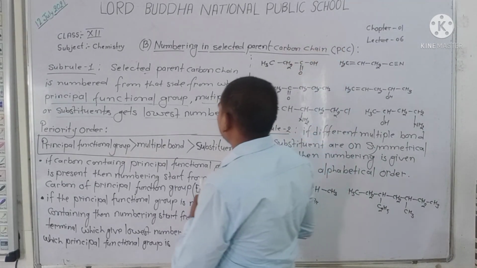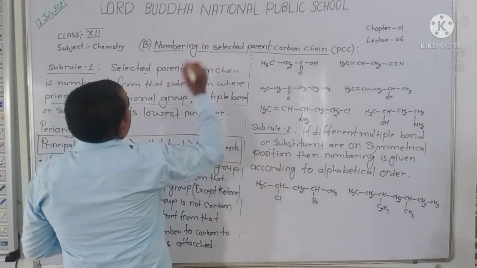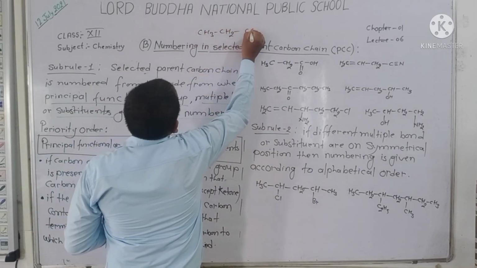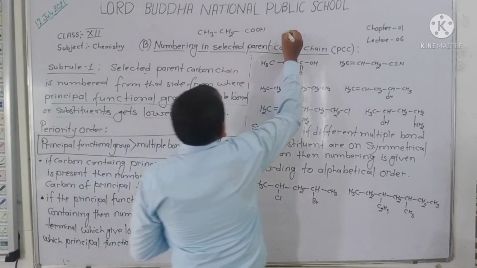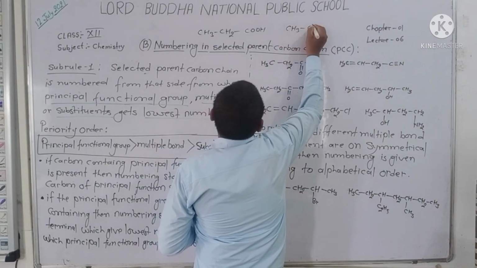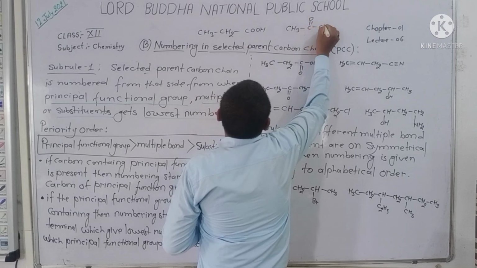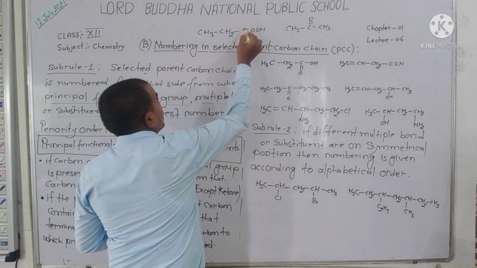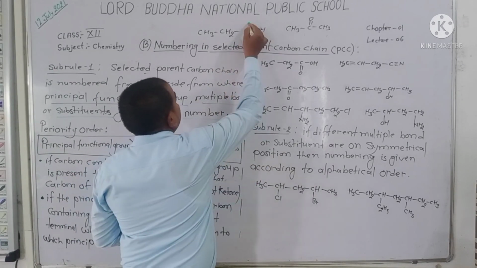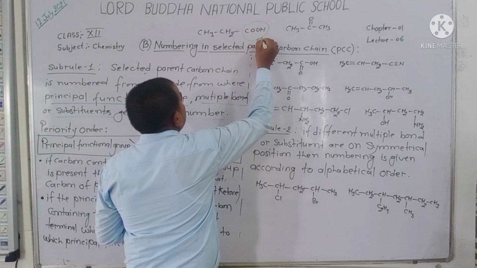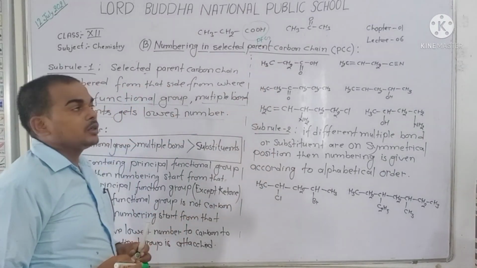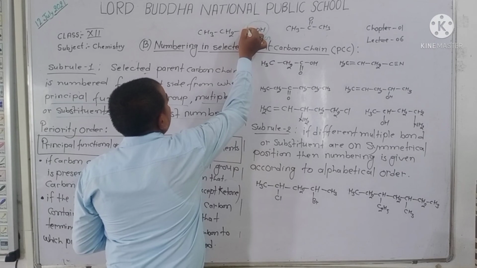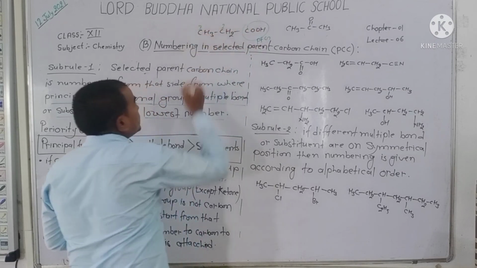Here is an example: CH3CH2COOH. Next example: CH3COCH3. Here a principal functional group is present, so the counting of carbons starts from here: principal functional group first, second, third.